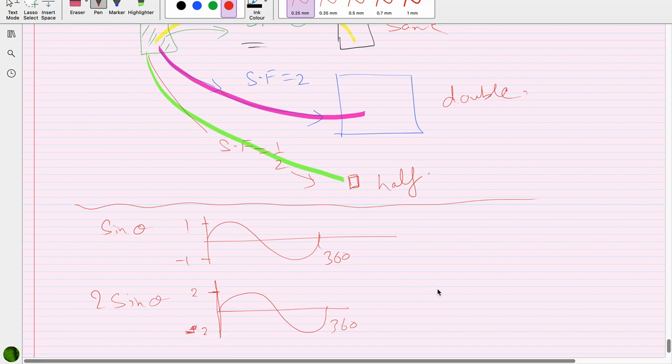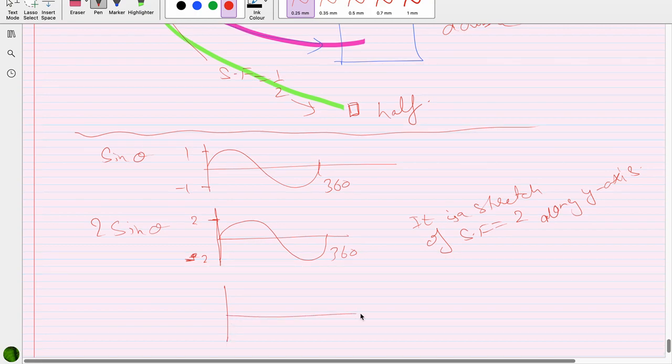So what can we say? We can say it is a stretch of scale factor 2 along y-axis or vertically. Getting it?